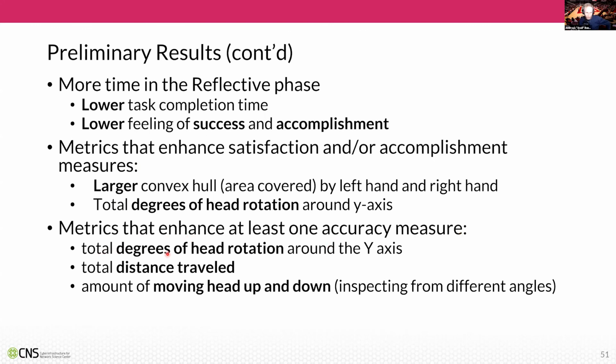One of them was the total degrees of head rotation around the y-axis, so the number of times that people looked around, the total distance they traveled through the space, and the amount of head moving up and down. So encouraging the 3D usage of space while being relatively stationary seems to be a good way of improving performance after these kinds of interventions.